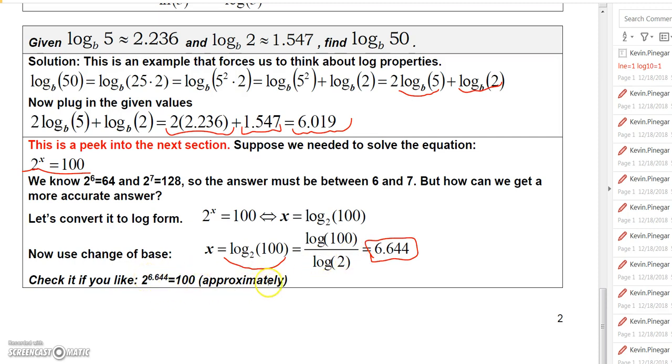And then you can check this real easy, because remember the answer should be whatever you raise 2 to get 100. And if you raise 2 to 6.644, you will get approximately 100. Okay, so this leads us into the next section where I'm going to talk about solving exponential and log equations.